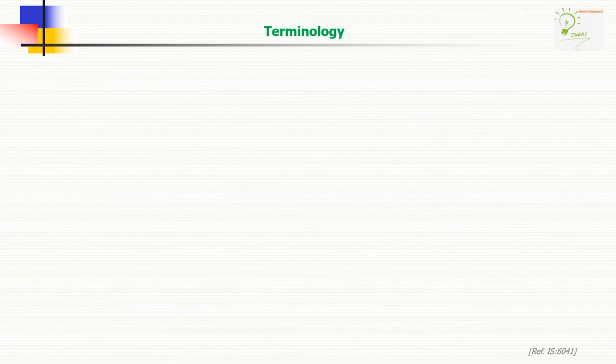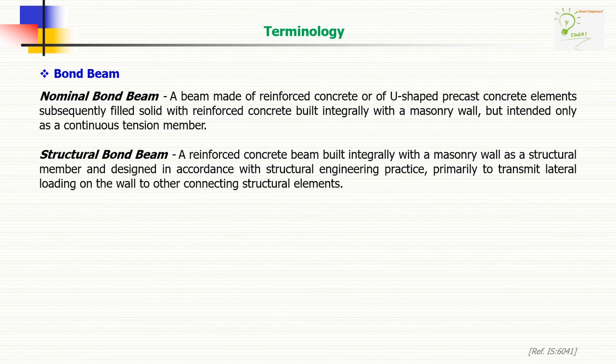Now, prior going into the detailed work method statement, let's understand few terminology used very frequently in AAC block masonry work. Bond beam. These are of two types.